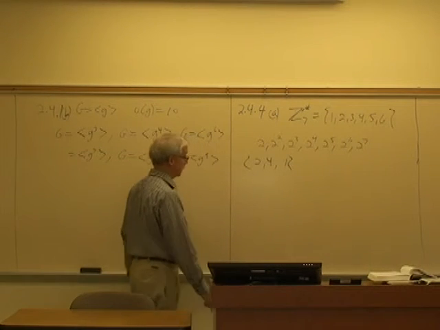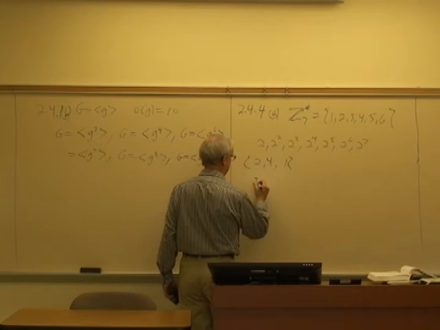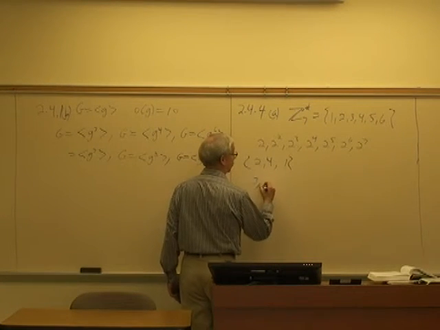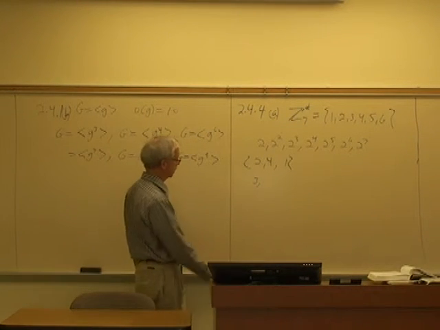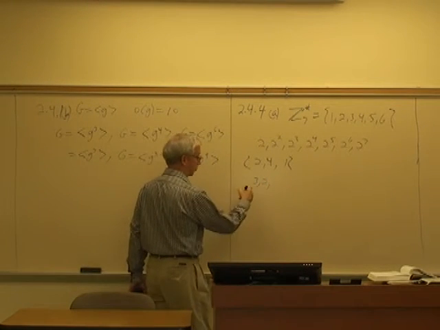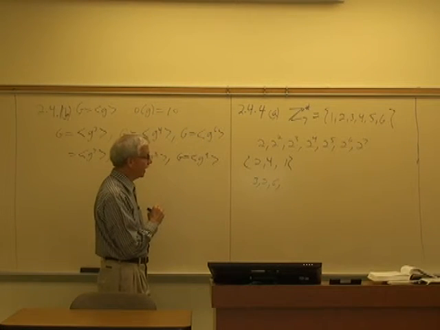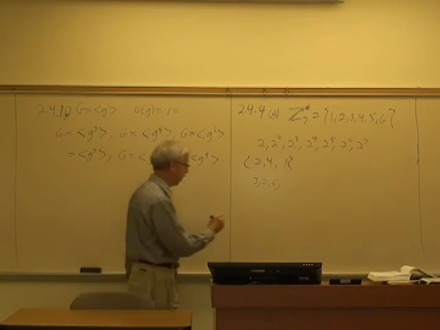Just convincing myself. So how about 3? Let's generate with 3. We have 3. 3 squared is 9, which is 2. And then 3 times 2 is 6. And then 3 times 6 is 18, which is 4.